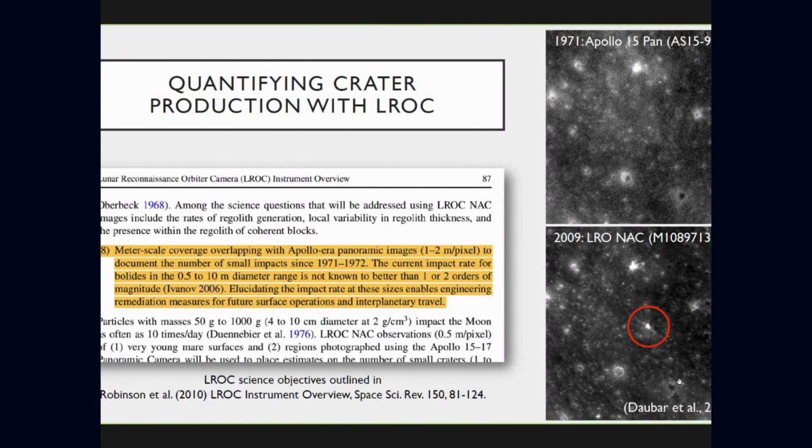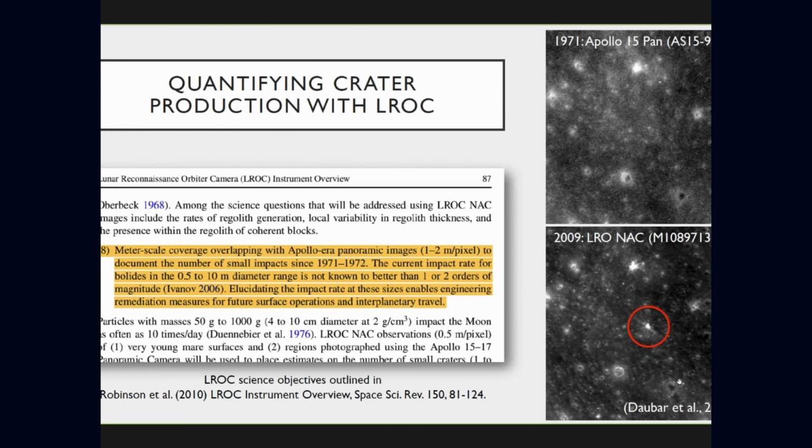All right, so when the Lunar Reconnaissance Orbiter mission started, one of the primary science objectives for LROC, the last but not the least listed in the science overview paper, or the instrument overview paper, was to look for new impact craters. And when the mission was first conceived, it wasn't supposed to last a decade.